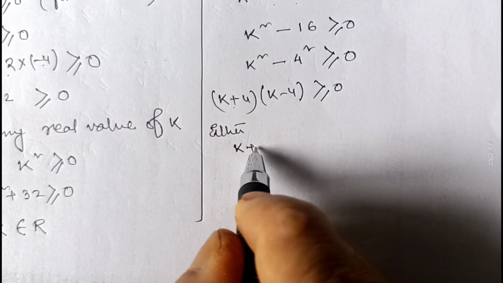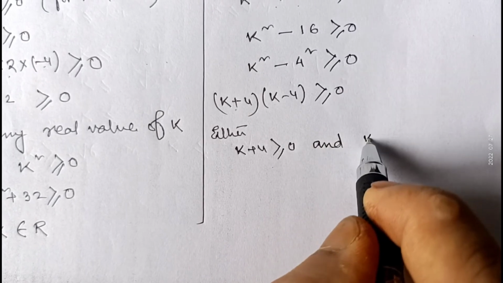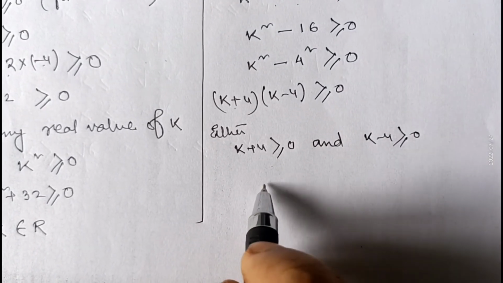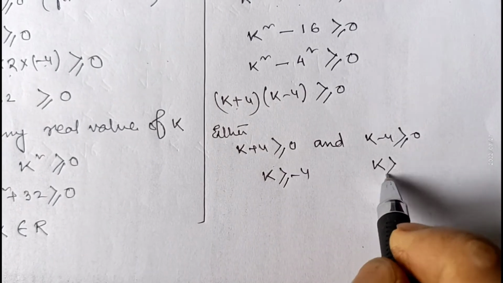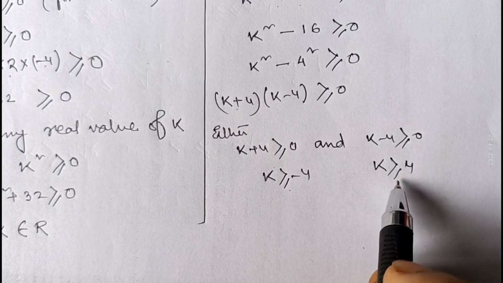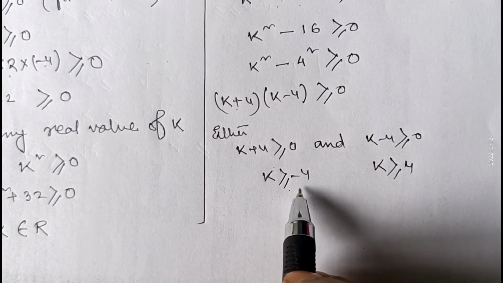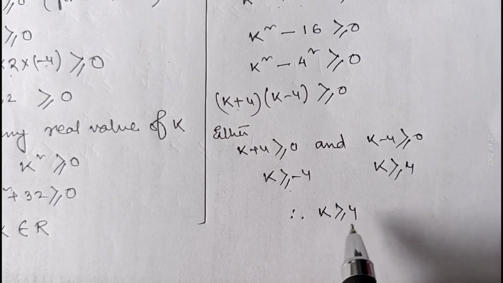Which can be written as k plus 4 greater than or equal to 0 and k minus 4 greater than or equal to 0. From here we got k greater than or equal to minus 4 and k greater than or equal to 4. Since from these two we got k greater than or equal to 4, it will definitely be more than minus 4. Therefore, from these two we can write k greater than or equal to 4.